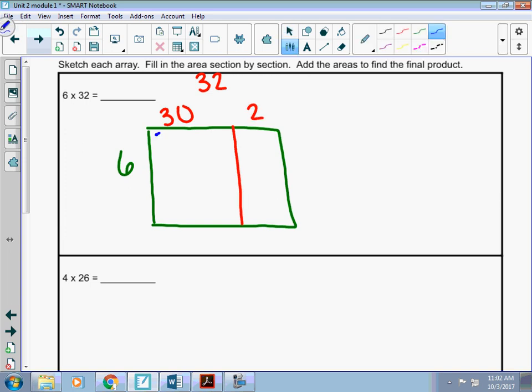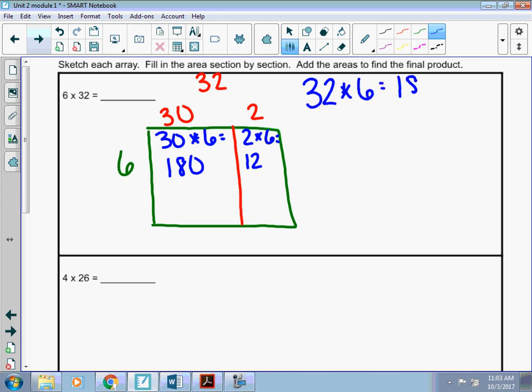And so my first rectangle, I have 30 times 6, which is 180. And then I have 2 times 6, which is 12. So to solve 32 times 6, I'm going to do 180 plus 12, which is 192.